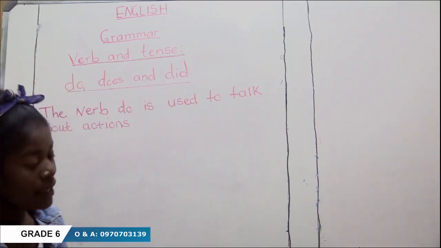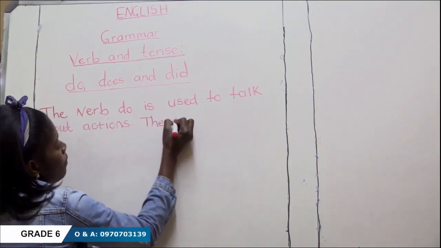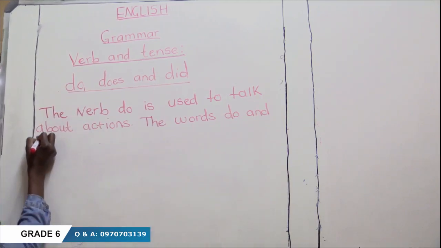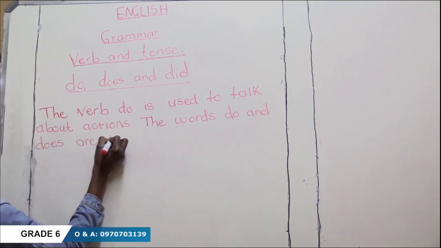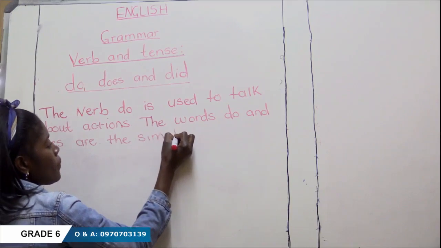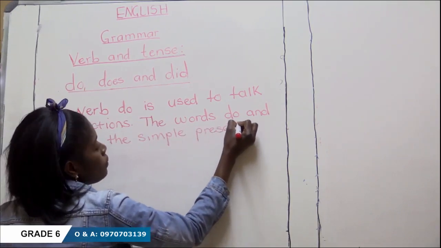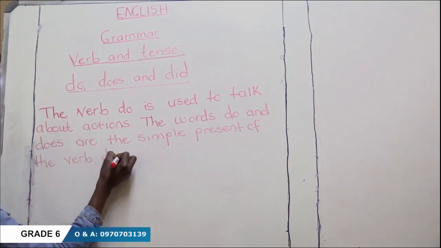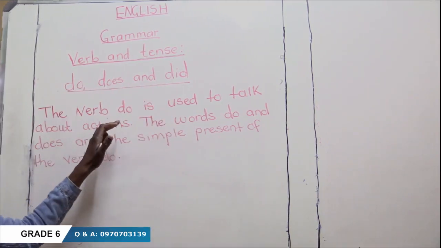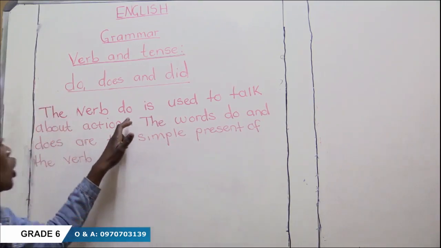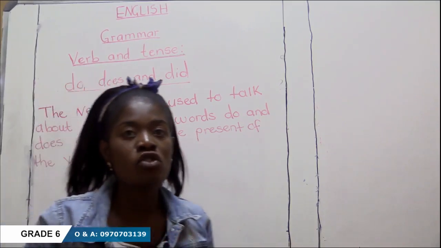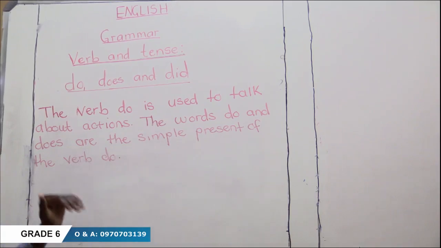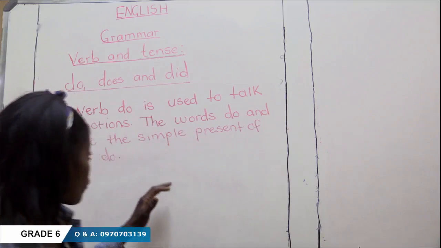I'm saying the verb do is used to talk about actions, and a verb is a word which describes actions. And the words do and does are the simple present of the verb do.